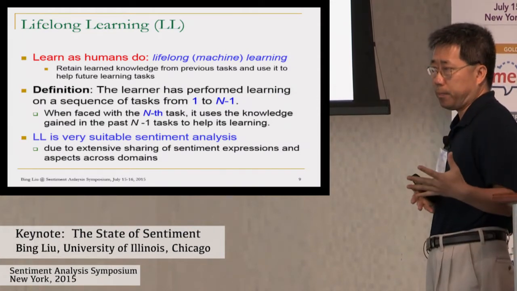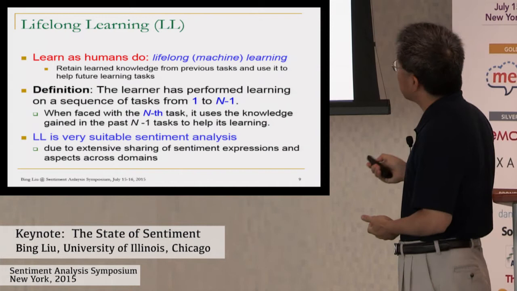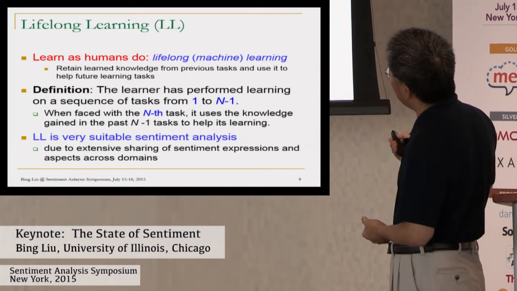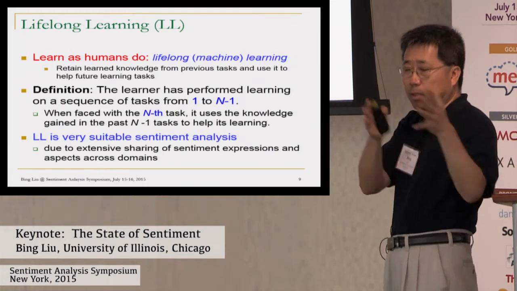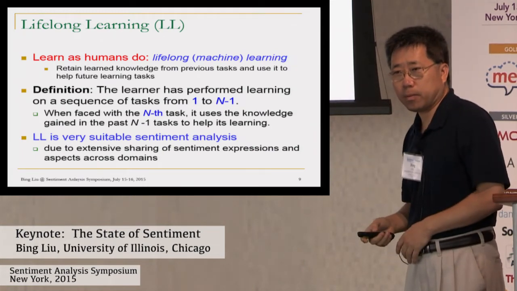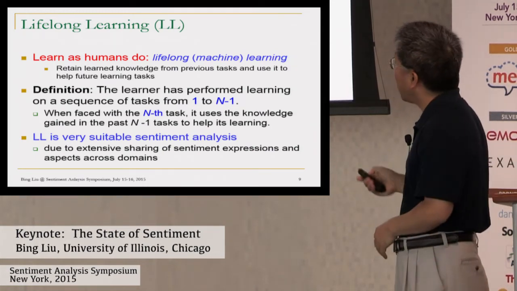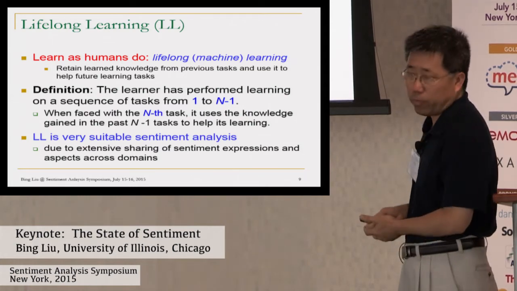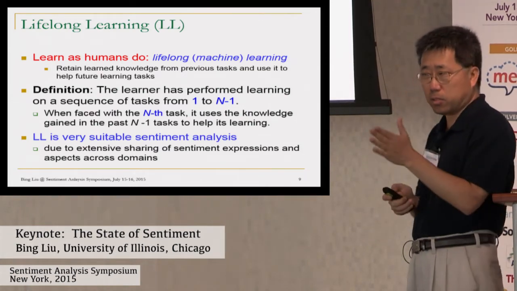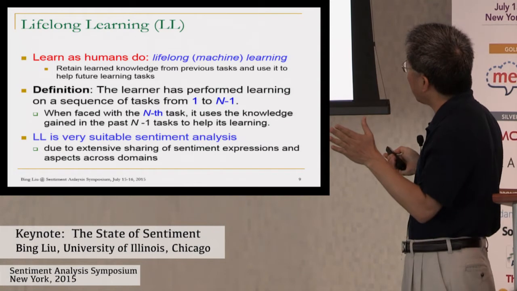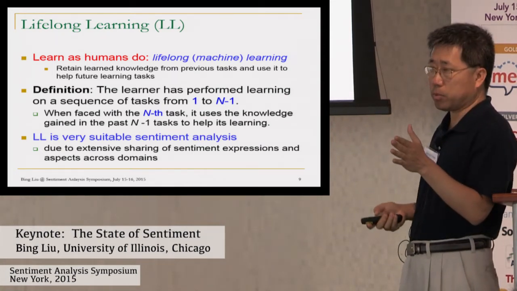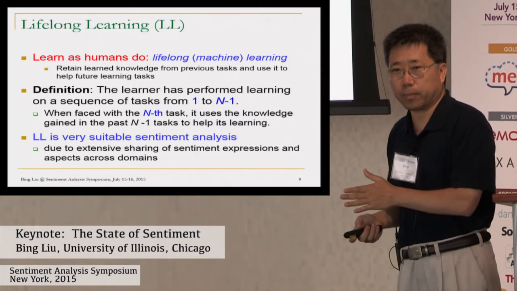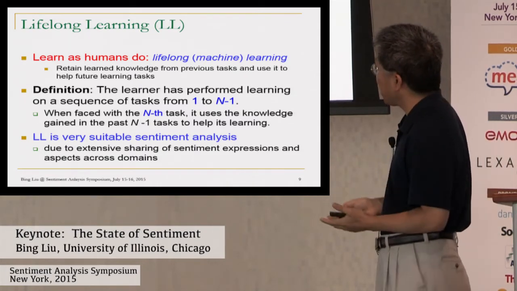Essentially it says a learner performs learning on a sequence of tasks, already done 1 to n-1. You have done lots of stuff, and then we're facing the nth task. This is a new task, and we're going to use the knowledge gained in the past tasks to help us do better this time.